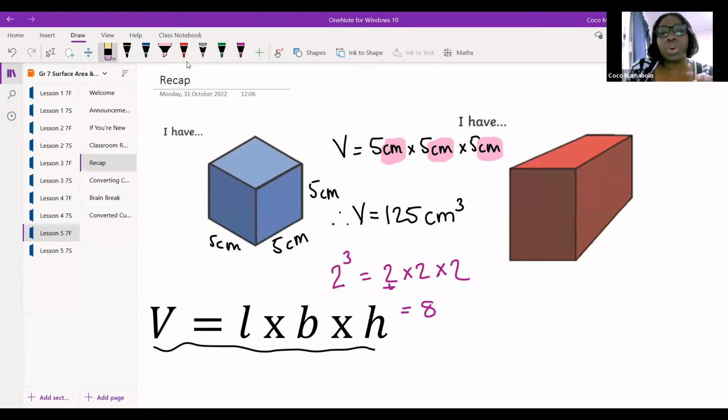So this is when I look for a cubed number. So it's this number here, 2 cubed. And we call this cubed.